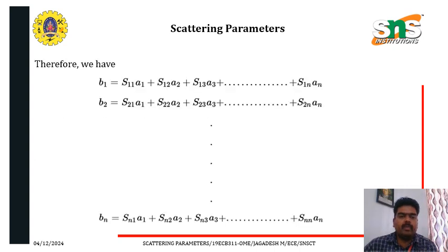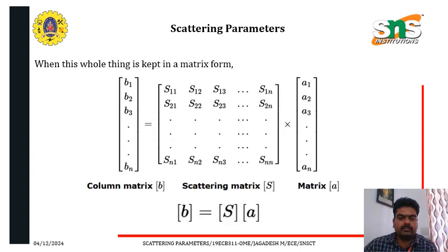Therefore, B1 equals S11A1 plus S12A2 plus S13A3 up to S1nAn, and B2 equals S21A1 plus S22A2 plus S23A3 up to S2nAn, and it will go up to Bn equals Sn1A1 plus Sn2A2 plus Sn3A3 up to SnnAn.